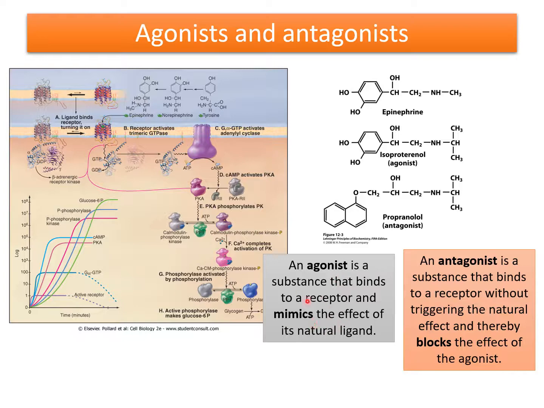Just keep that in mind. It mimics the effect of the natural ligand. However, an antagonist blocks the effect of the natural ligand. It'll do the opposite. So if the natural ligand activates, an antagonist will turn off, or if the natural ligand turns off, an antagonist will turn on. Just make sure you have that squared away.